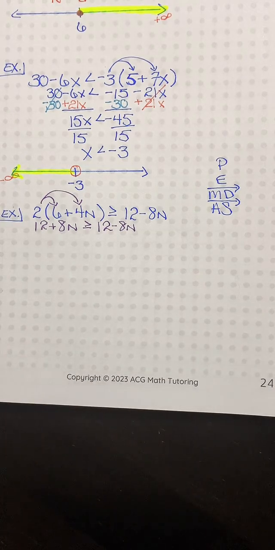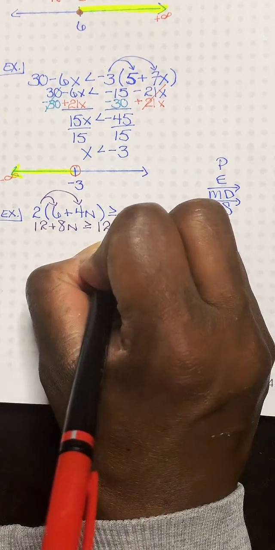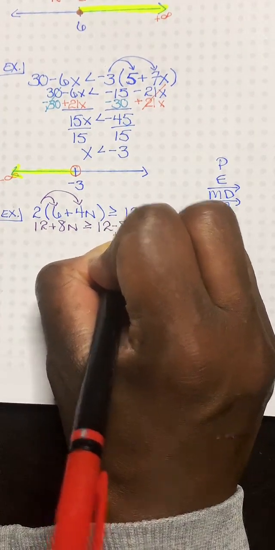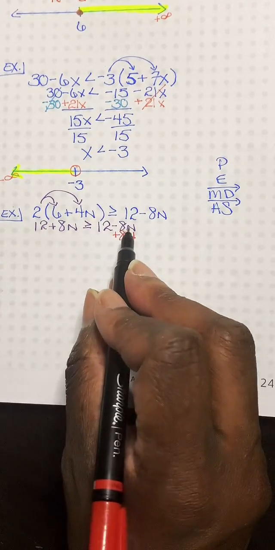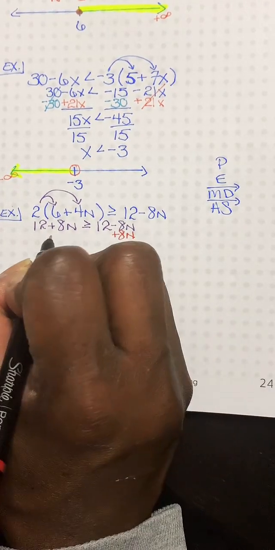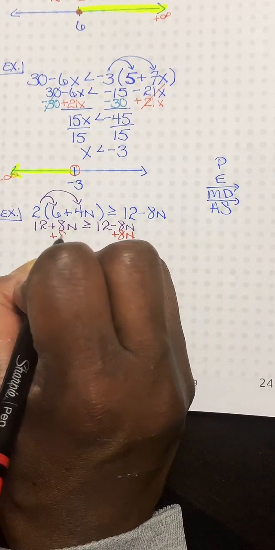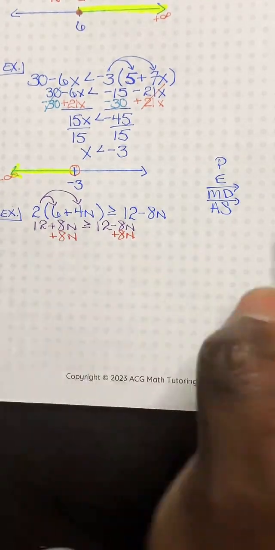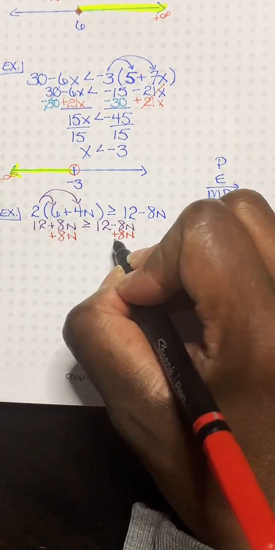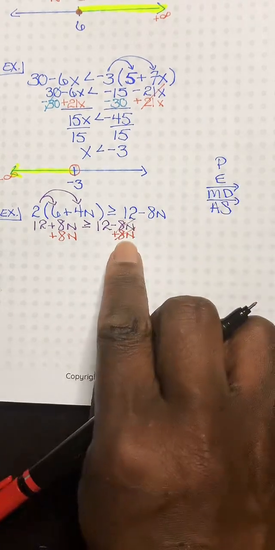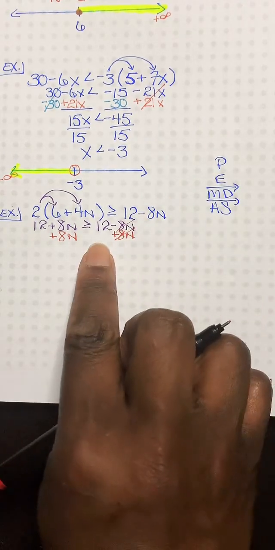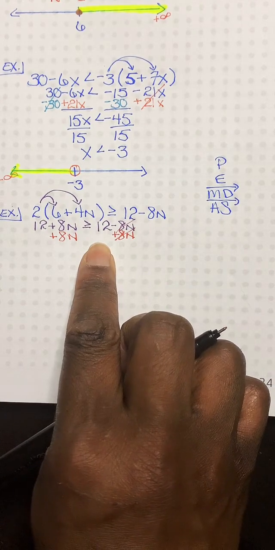So I'm going to add 8n on both sides. Always do the opposite, its inverse. The 8n's on the right-hand side cancel out and give me 0, but I don't need the 0 because the 12 is here.